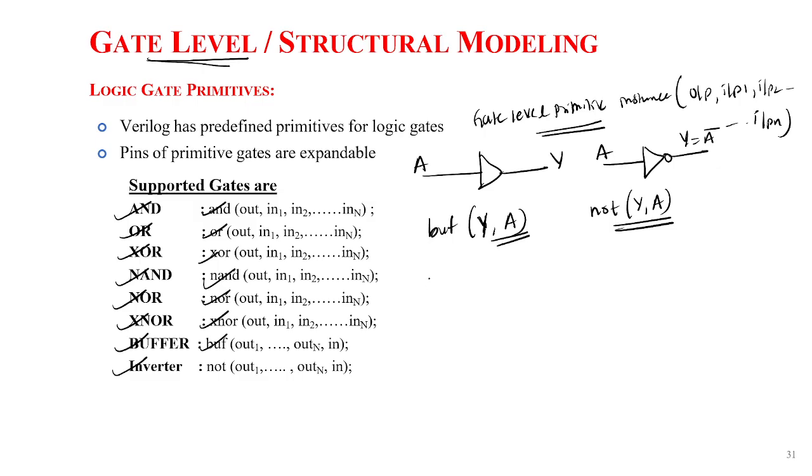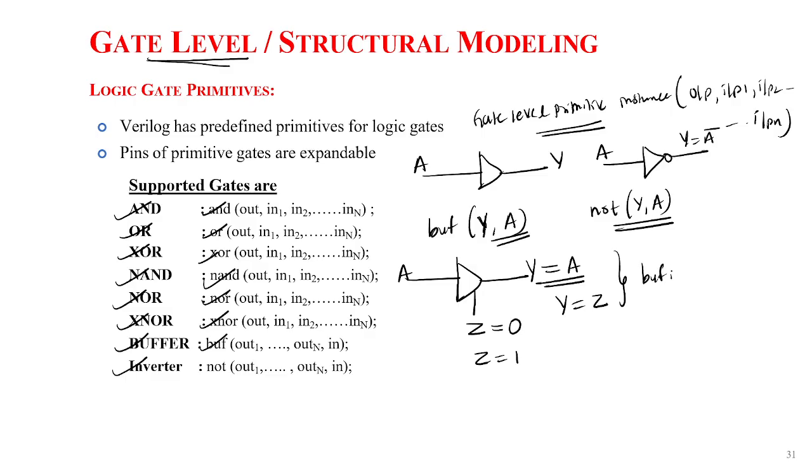Suppose this is a buffer with input A and output Y, and there is one more control signal, Z. When Z equals 0, it is in functional mode and you get Y equal to A. When Z equals 1, it is in high impedance state. For this I write bufif0, output comma input.